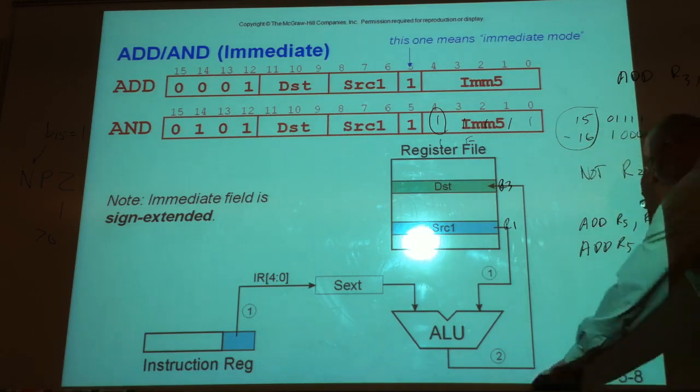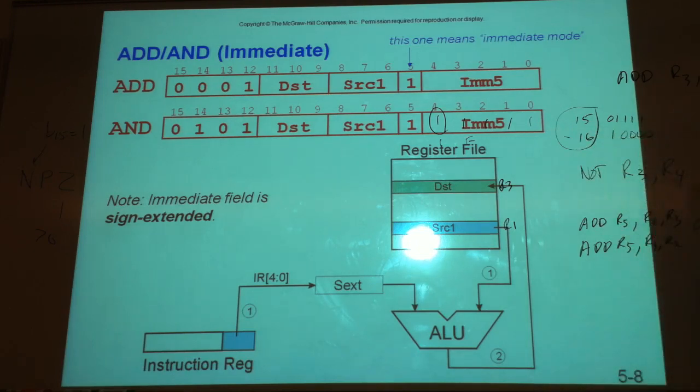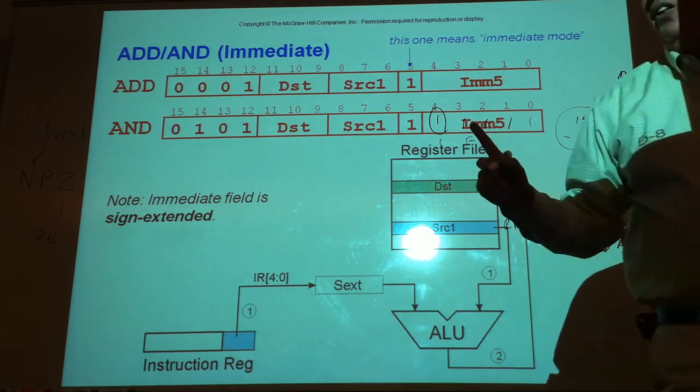I cannot say add R3, comma, R1, comma, 75, right? What kind of error is that? Overflow? No, it won't assemble. There's only one kind of error that you can't assemble or compile.